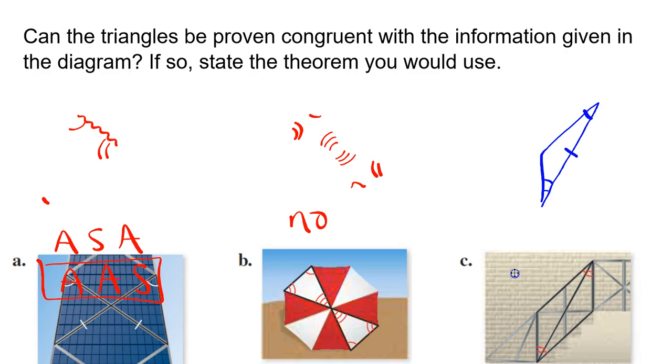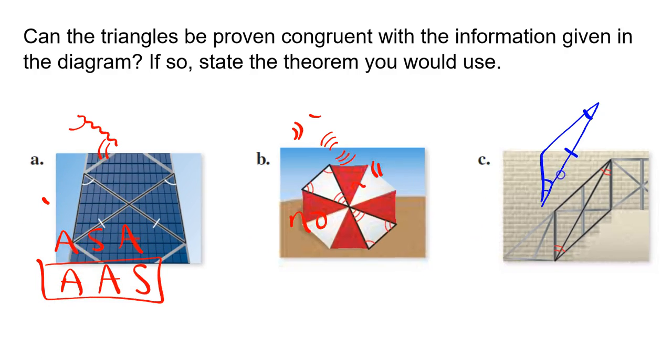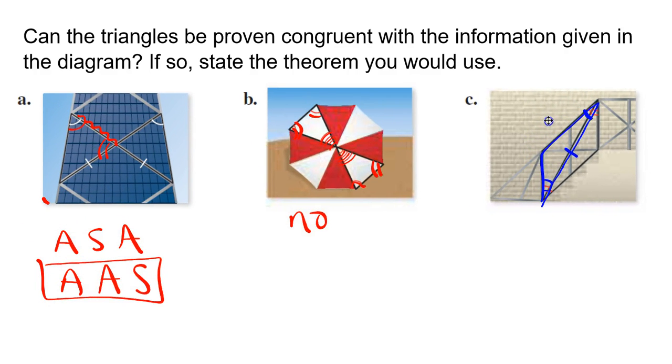I'm going to pull that picture out of the way. Is this side, that side that we know is congruent to the other triangle, the one that connects those two? And it is. So we're using angle, side, angle, because it's the side that's connecting the two angles.